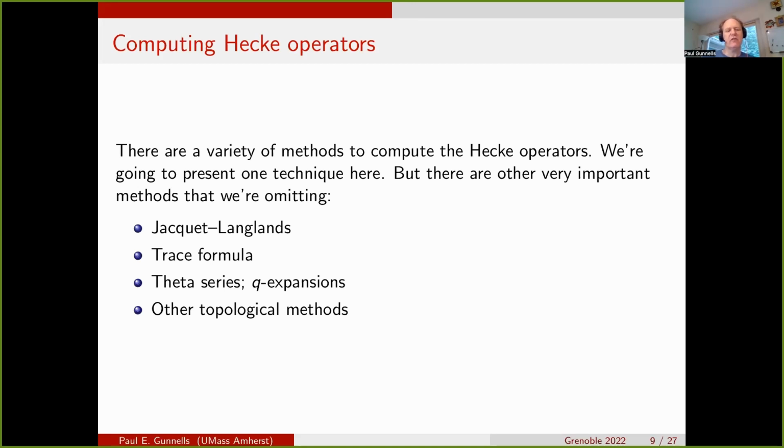There are methods using theta series and Q expansions that are very powerful and totally different. I'm thinking of, for example, for the symplectic group, the work by Poor and Yuan using theta series to compute Hecke eigenvalues there.